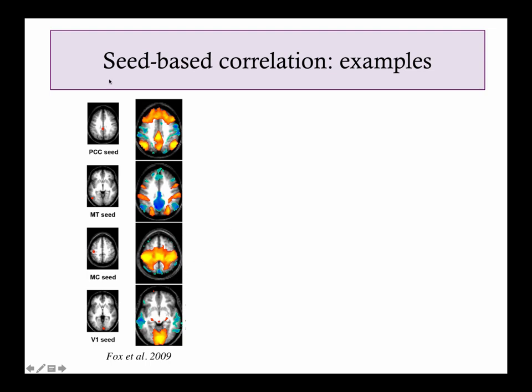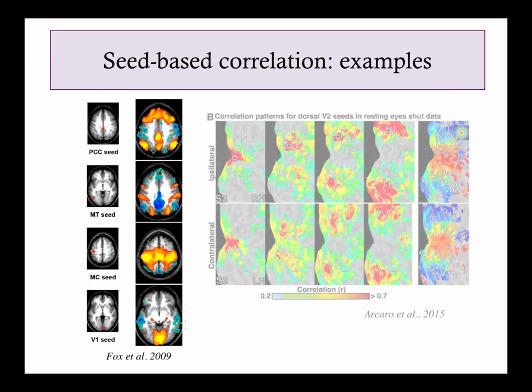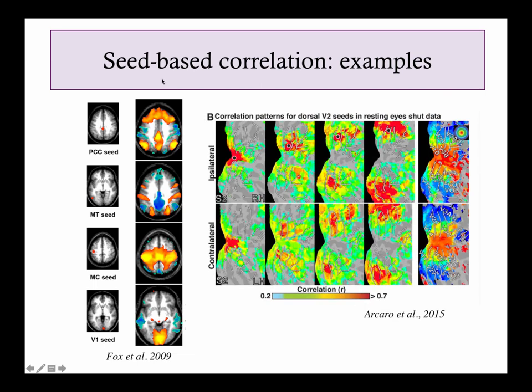And these are at the typical spatial resolution we've been talking about, but we can also, as I mentioned, do this kind of functional connectivity mapping on more fine spatial scales. And this study looked at the visual system using high-resolution imaging.